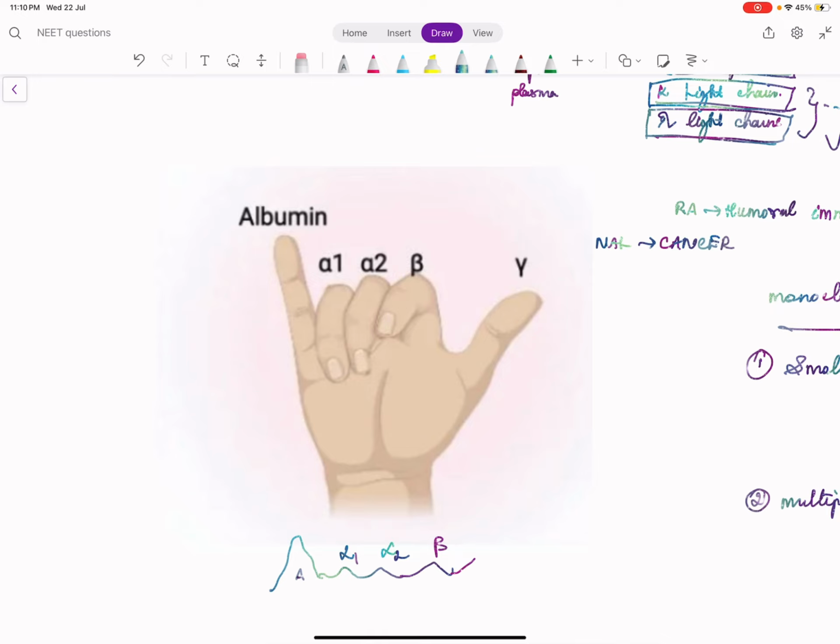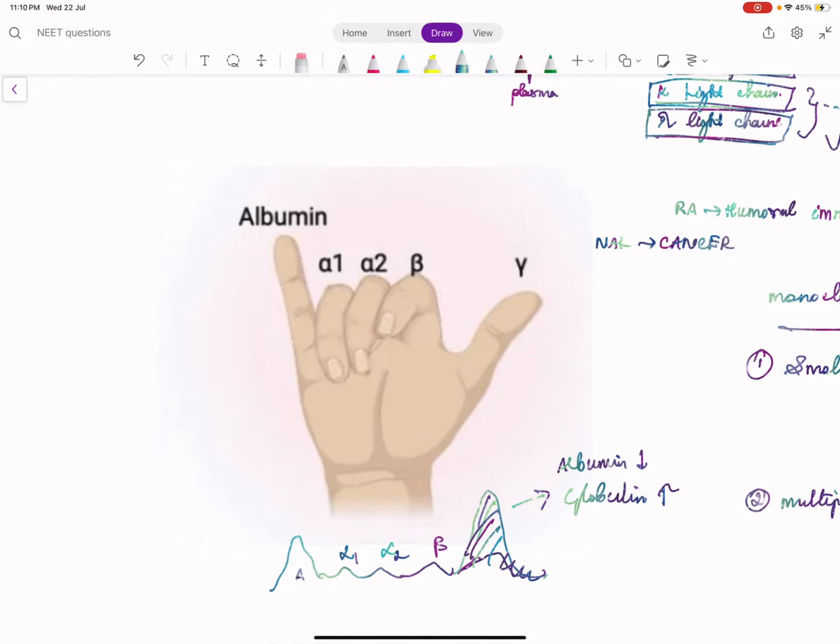The last, gamma globulin, will be a little smaller than the albumin. That is how the normal one should be. Suppose this last one is very high, spiking even more than albumin, it is significant. It means albumin is low or globulin is high.